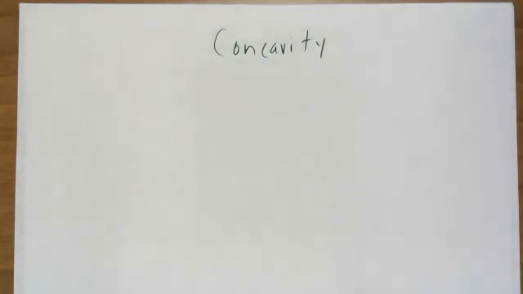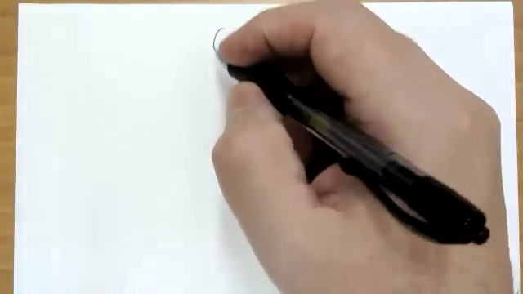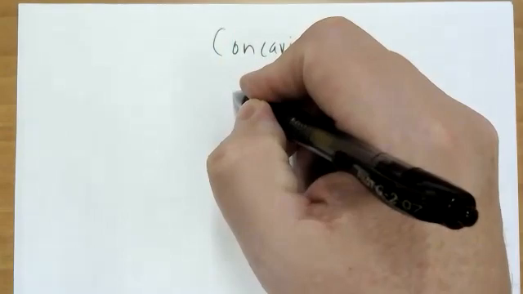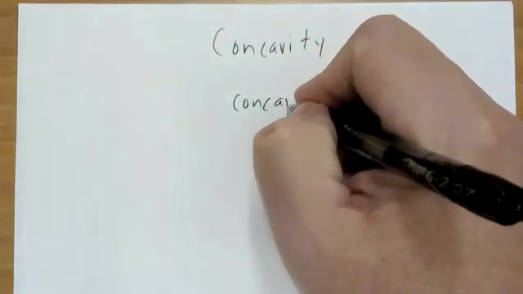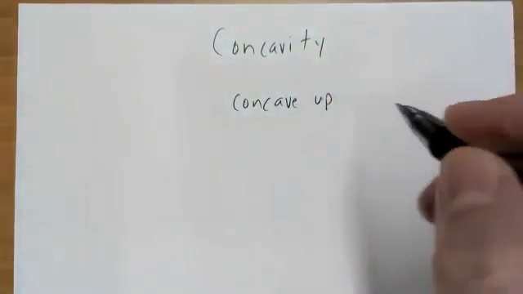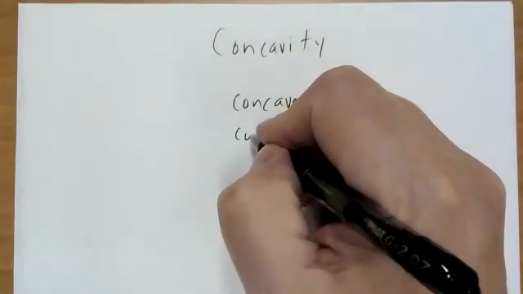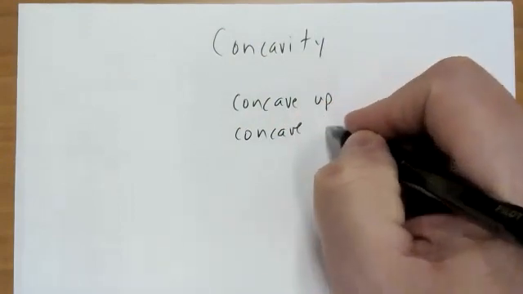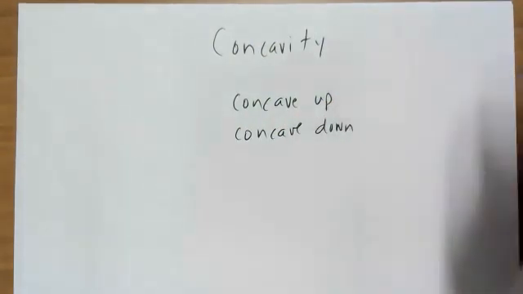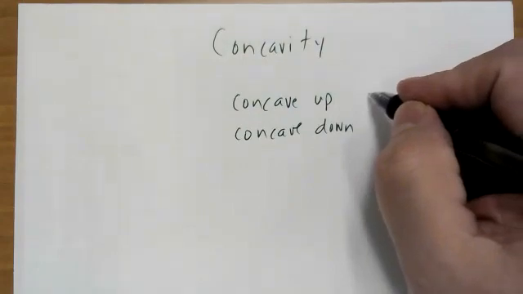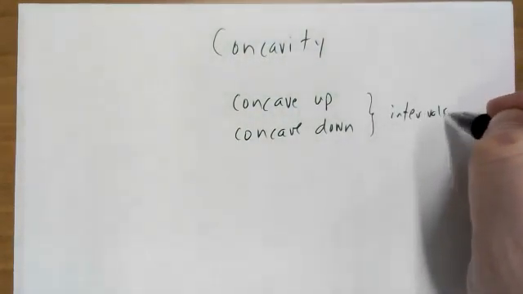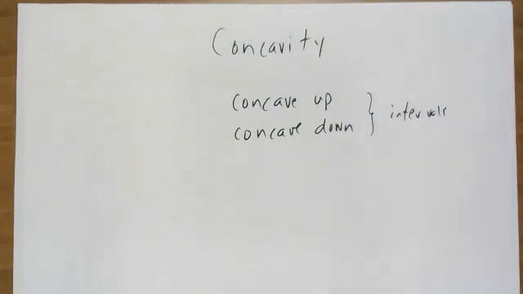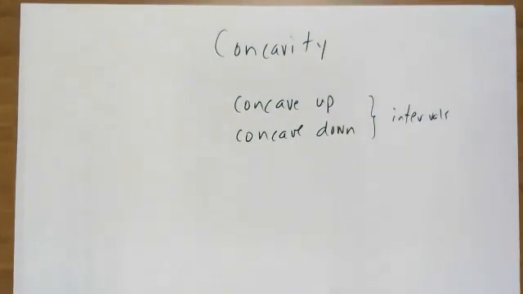So we'll be given a graph of a function, and we'll be asked to find the regions or the intervals that are concave up or concave down. So these answers will be intervals. And then there's one more thing they'll ask about.